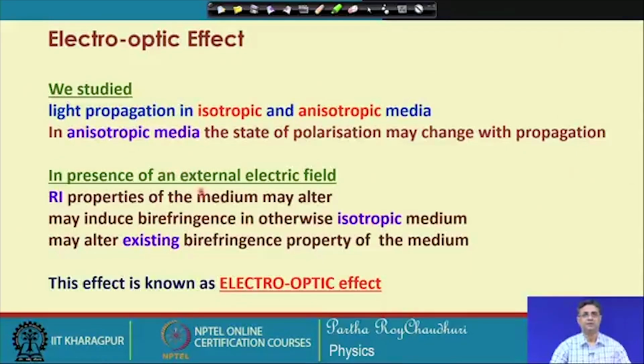This effect, that is the effect caused by an external electric field on a medium with respect to a propagating electromagnetic wave, in terms of the changes in the permittivity, that is the refractive index properties of the medium, is called electro-optic effect.